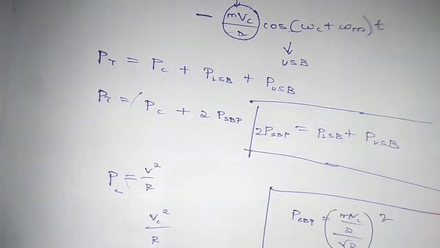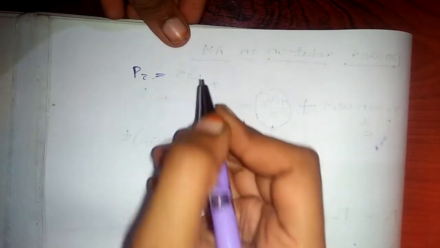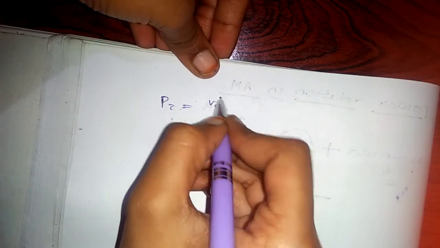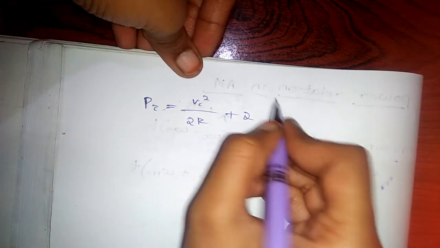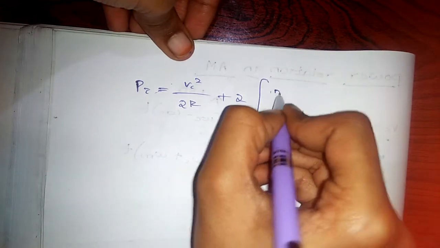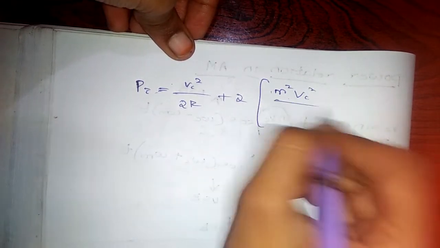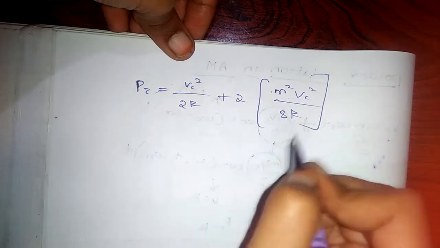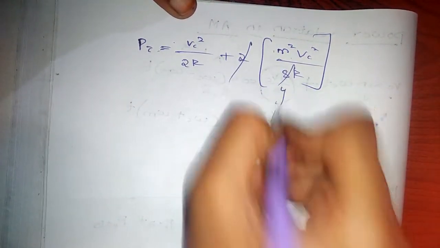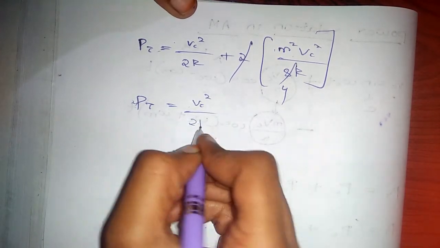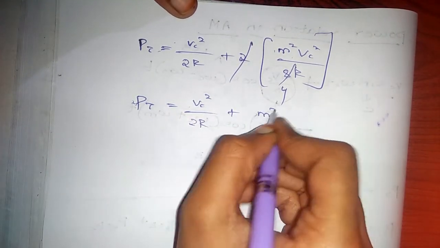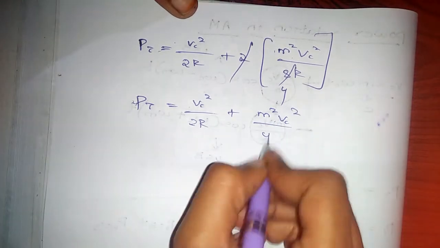So I substitute these two in the equation to get the total power. PT = Vc square by 2R + 2 times m square Vc square by 8R. I can cancel this, so I get Vc square by 2R + m square Vc square by 4R.